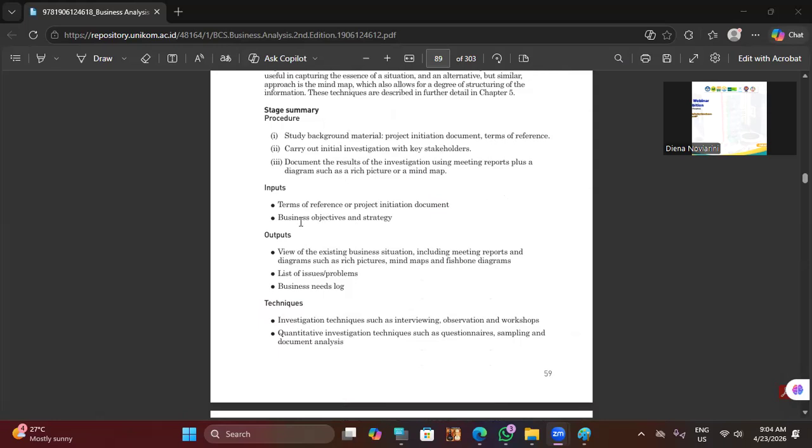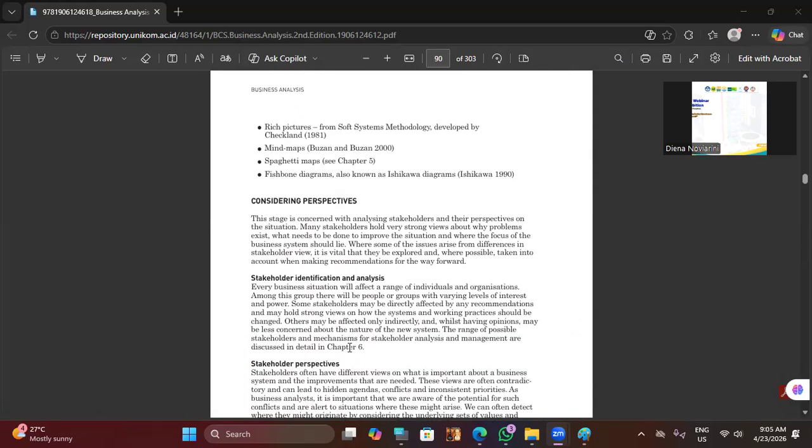The inputs of the stage summary are the terms of reference or project initiation document and business objectives and strategy, whilst the outputs are a view of the existing business situation, a list of issues, and a business needs log. And the techniques are investigation techniques such as interviewing, observation, and workshops, and quantitative investigation techniques such as questionnaires, sampling, and document analysis.